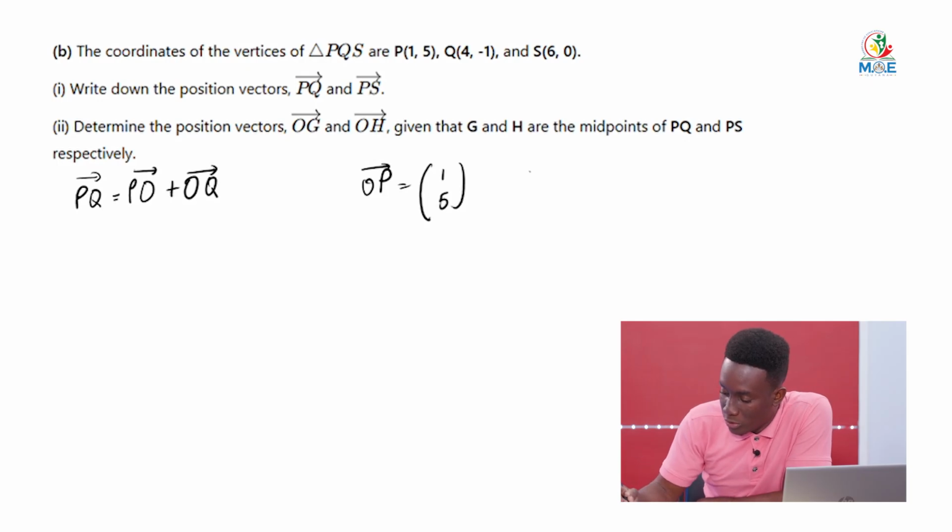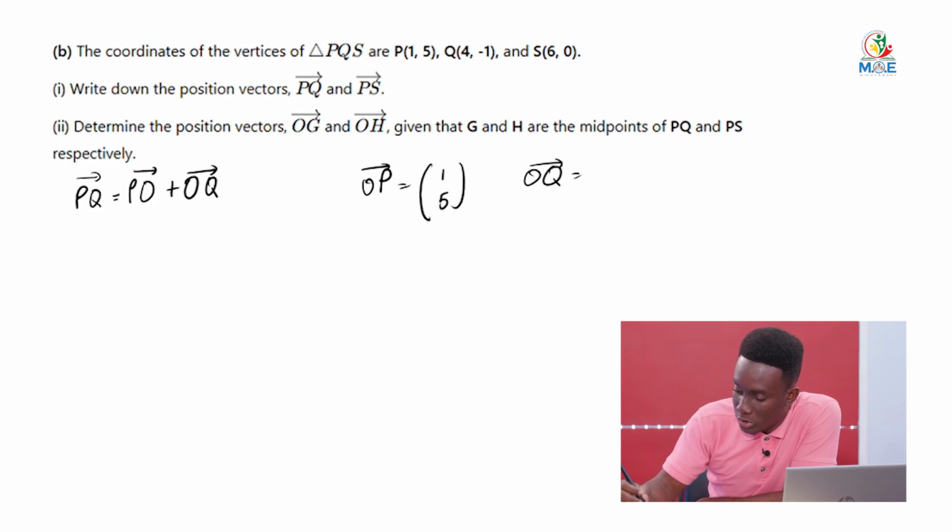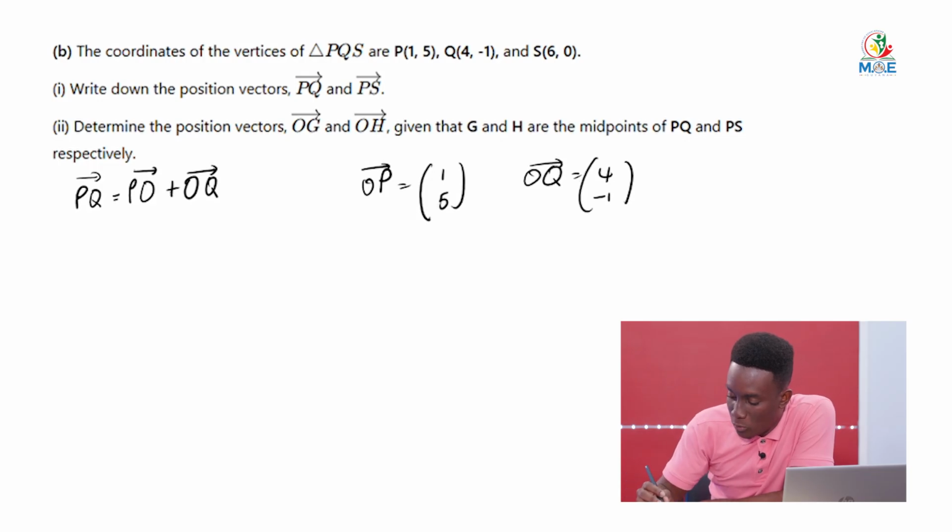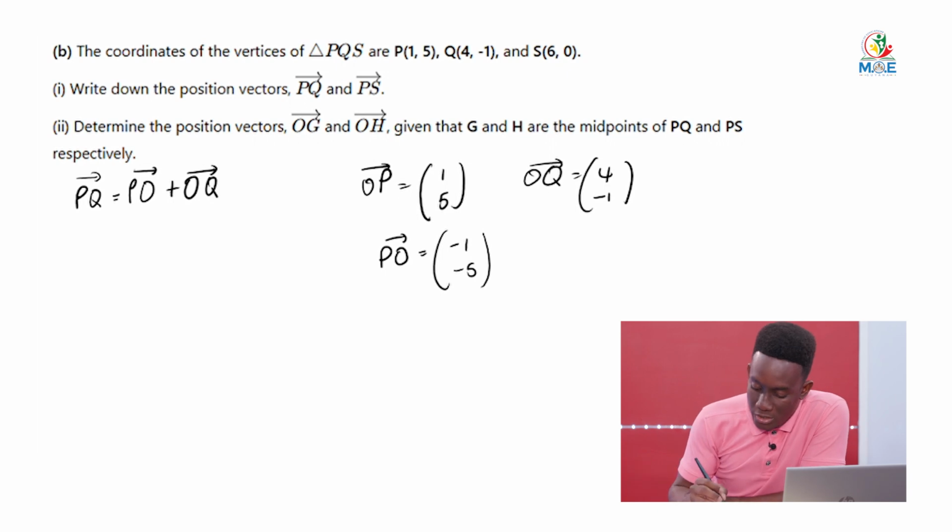And for OQ, it will be from the origin to Q, which we write as (4, -1). And if OP is equal to this, then PO would simply be equal to (-1, -5).